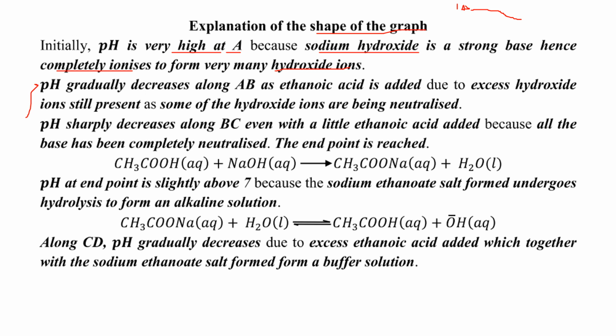So looking at the pH, we say that pH is going to gradually decrease along AB as ethanoic acid molecules are being added. The reason for this, remember, is that ethanoic acid is a weak acid, so it partially ionizes to form very few hydrogen ions.